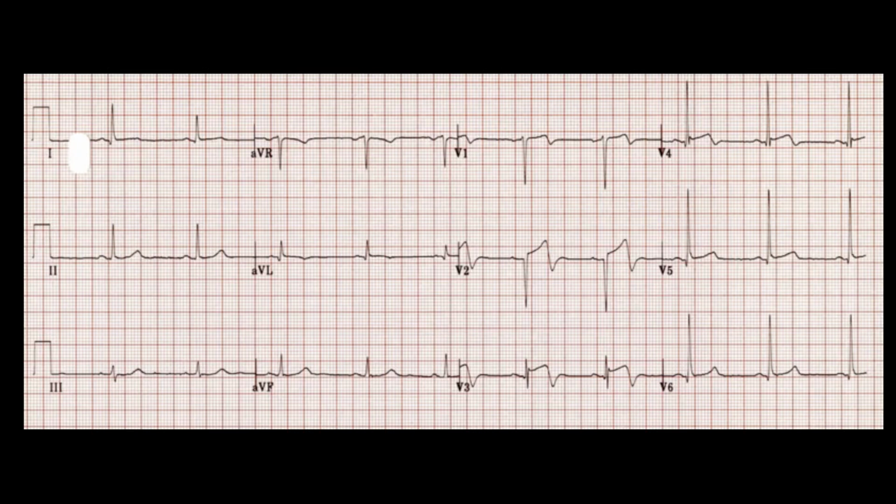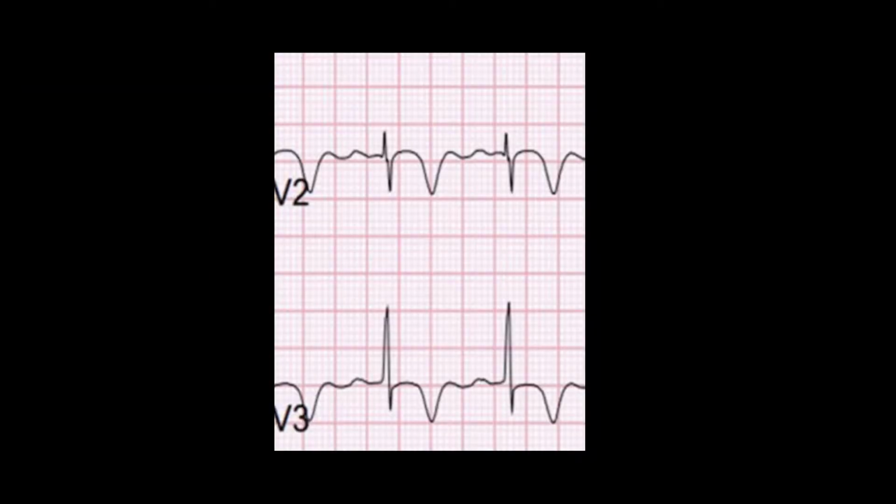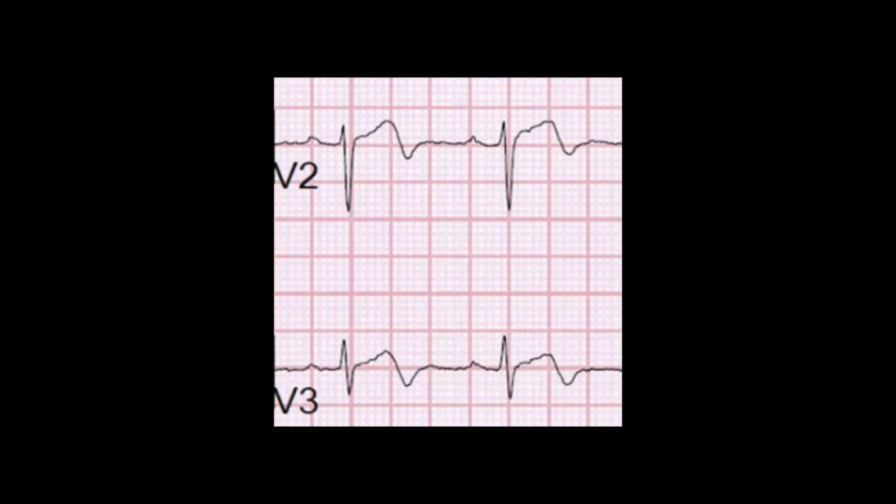This correlates clinically, of course, with your patient who's having what sounds to be ischemic chest pain. This is highly specific for critical stenosis of the LAD. And here's an image of that. This is Wellens'. You can note the deep T-wave inversion in V2, V3, and the biphasic deep T-wave inversion in V2, V3.